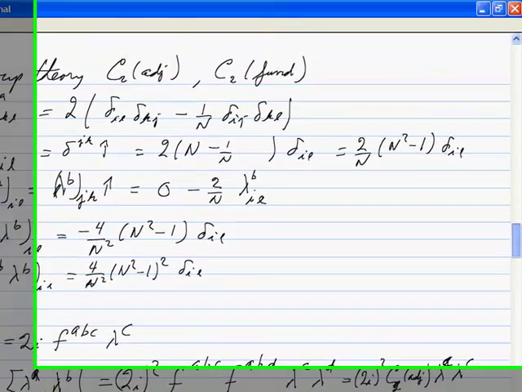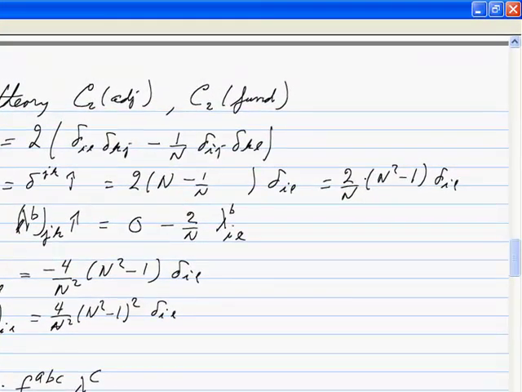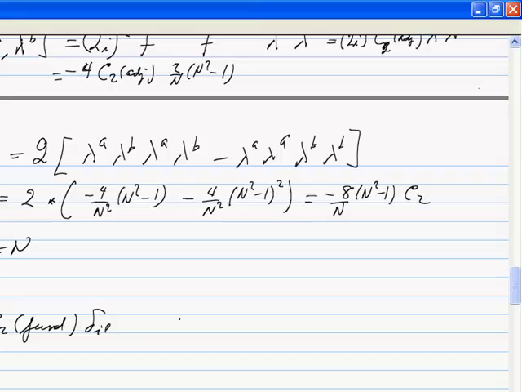And we did that along the way up here. Aside from the factors of 1 over 2, it was that first identity. So this implies that the C2 for the fundamental equals 1 over 2n, n squared minus 1.